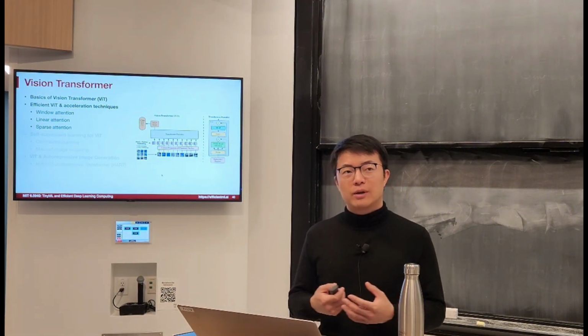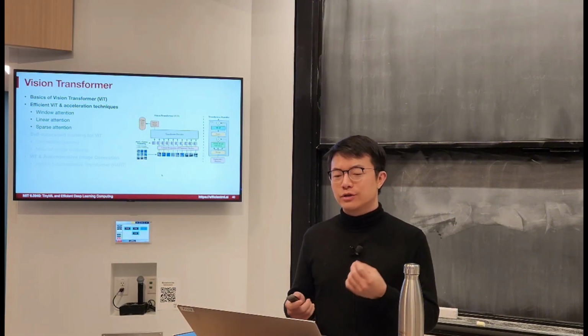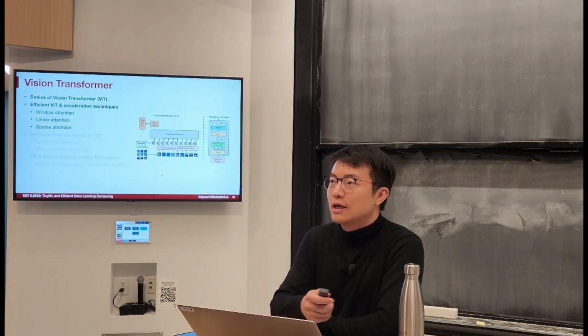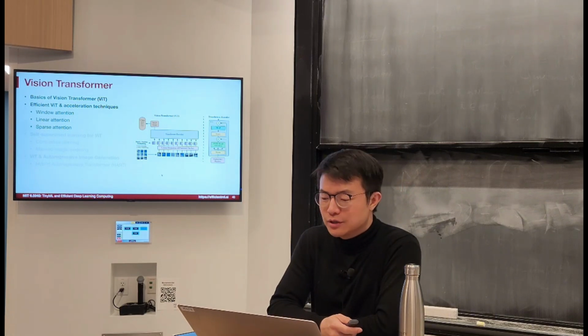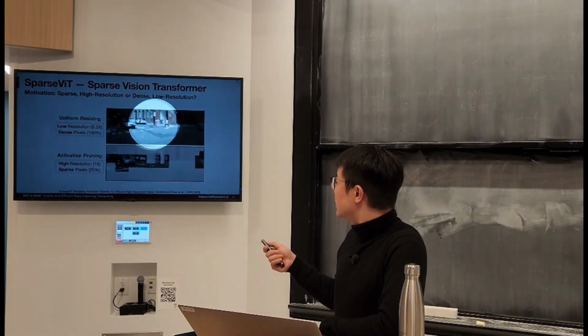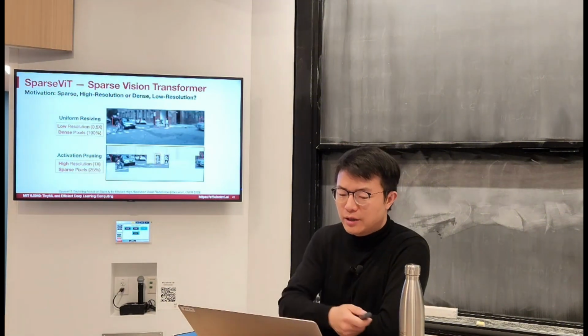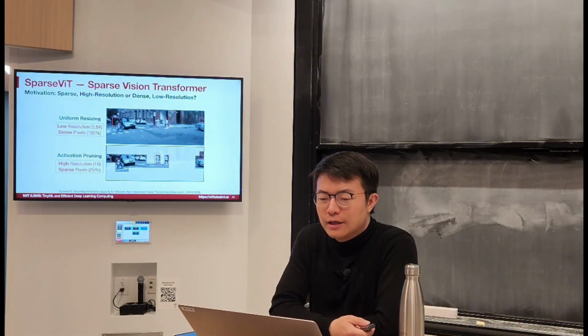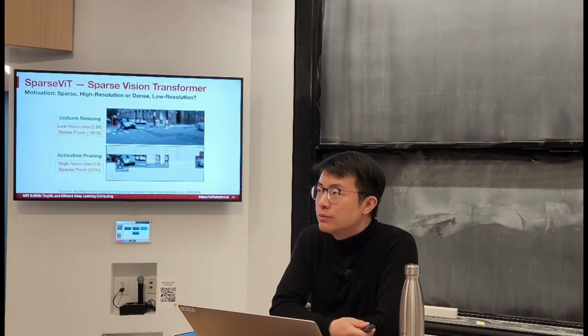Okay, so having talked about linear attention, let's further use sparsity to accelerate and simplify these vision transformers. So this is the driving scenario in Boston, the seaport area of Boston. There's a question about the resolution. Since the computation complexity grows quadratically with the resolution, a natural question is, can we use a lower resolution?